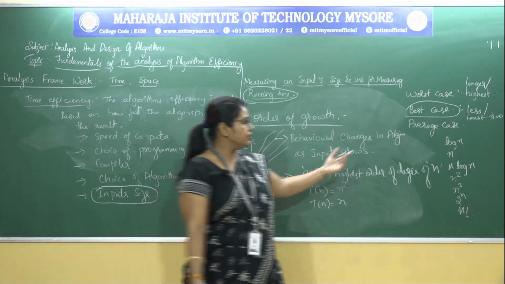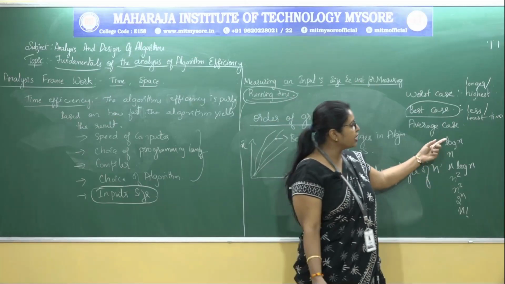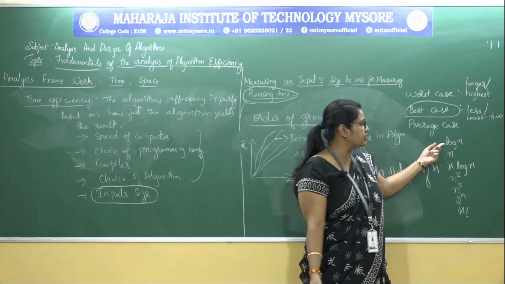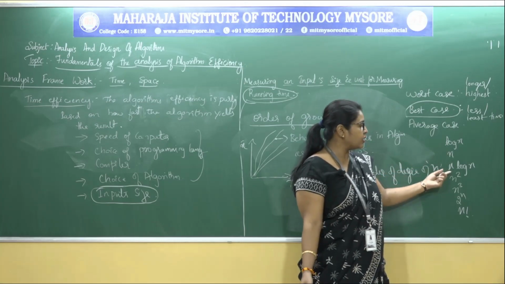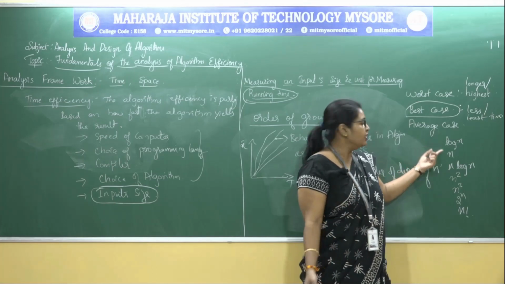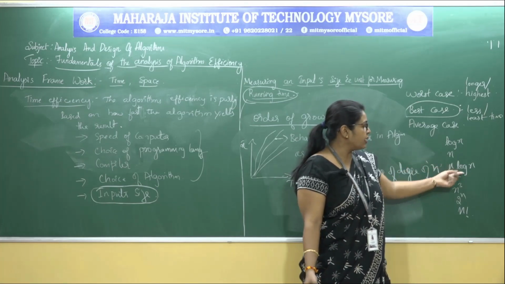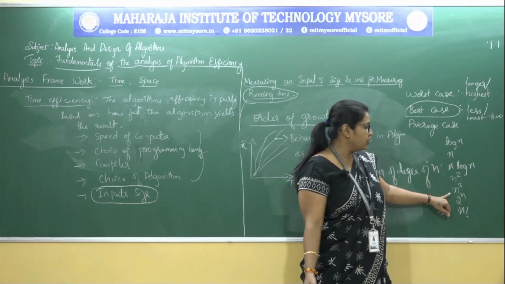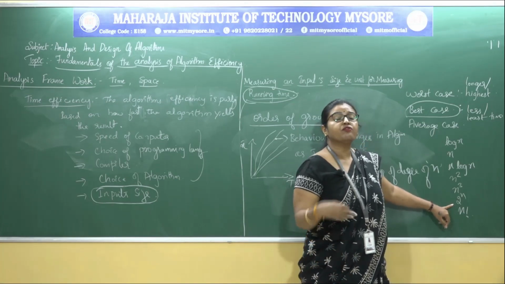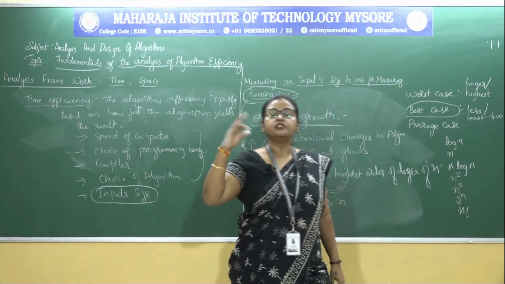The running time of the algorithm will be represented using log n, that is logarithmic growth, or n, linear growth, then n log n, n square, cubically it is increasing, that is n cube, and then 2 to the power of n, exponentially it is growing.